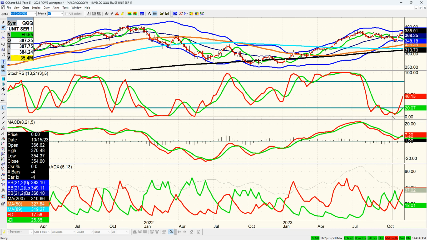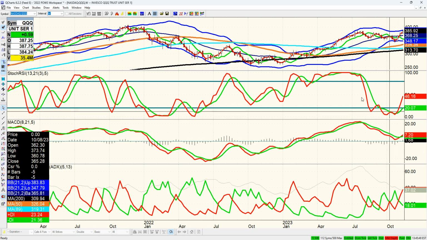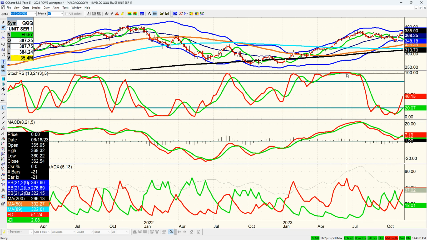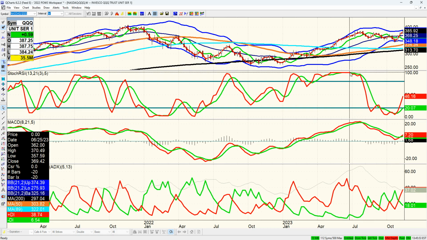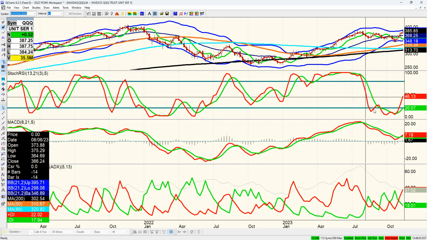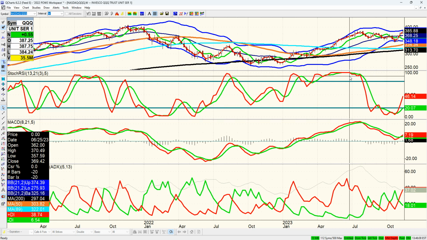And that means that there's more room for upside. And conversely, when you see the red crossing the green downwards, if it's above the top horizontal line, that's an indication of more room to the downside. So it gives you basically more range, more opportunity to see the market go in that particular direction.